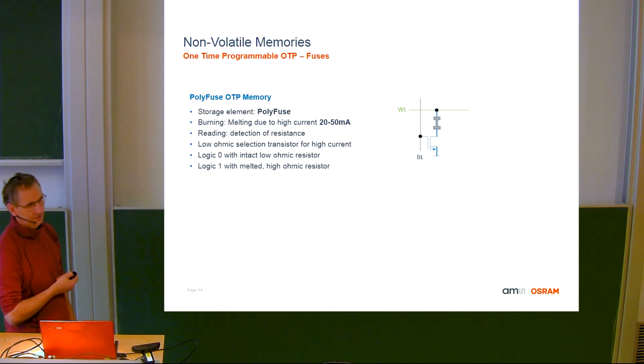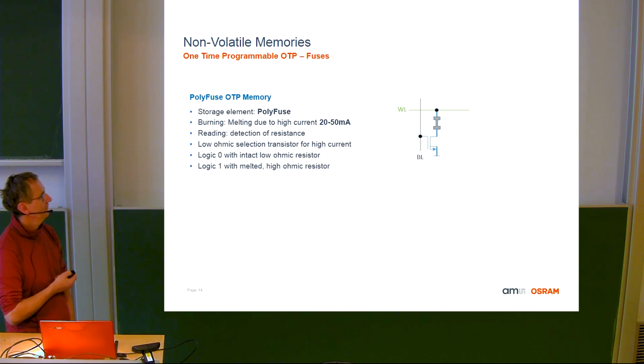What you can use here is a typical poly line, the same poly used for the gate of transistors. You use it just in a serial way. You don't care about the oxide on the bottom. You build thin lines, really like a fuse, and you need to exceed a certain voltage to melt it.